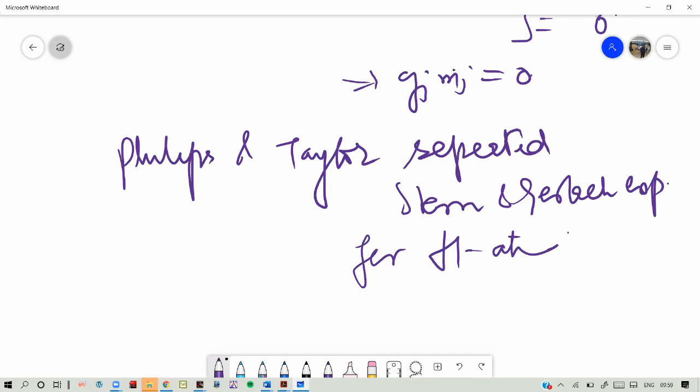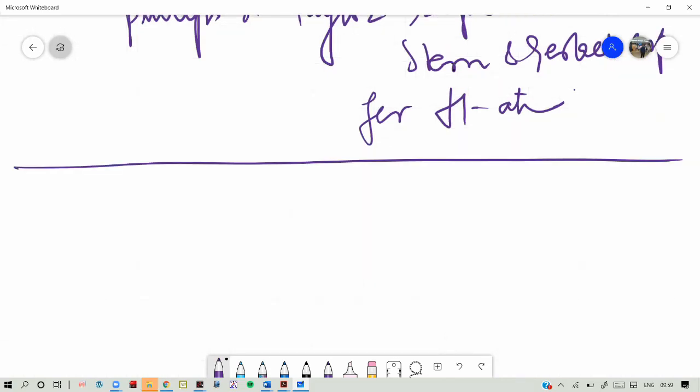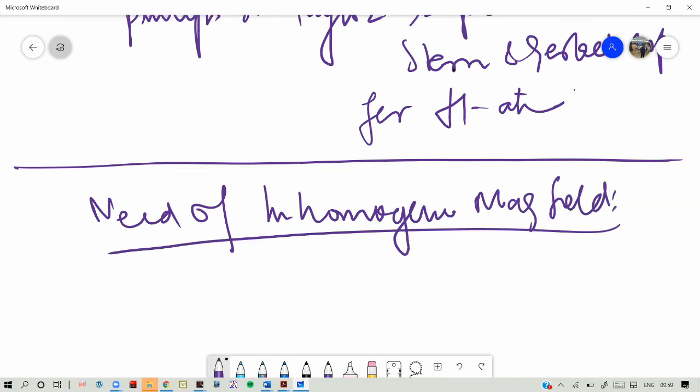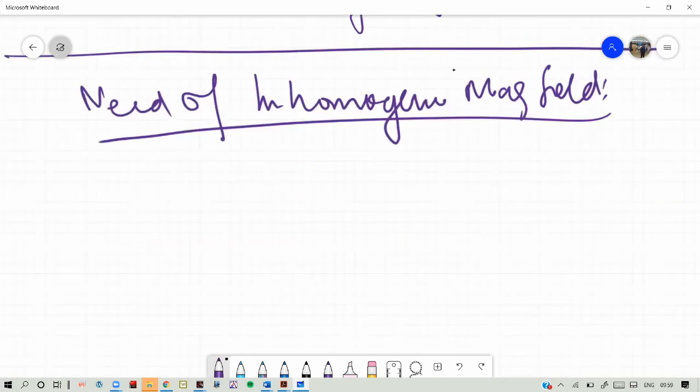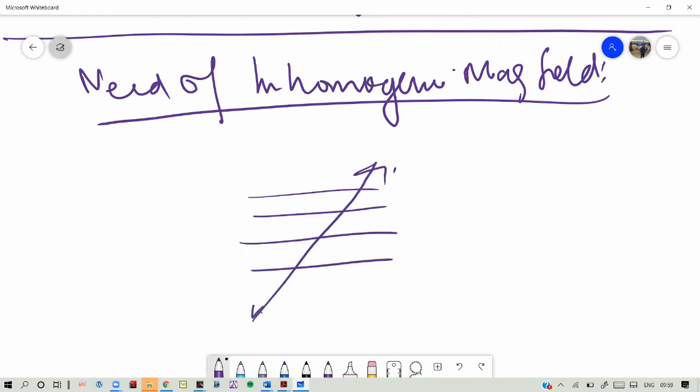Now remember, see here what the need of an inhomogeneous magnetic field is. Suppose that this is a magnetic field, and this is a dipole which you have already studied. Then it exerts a force. This is a uniform magnetic field, that means a homogeneous magnetic field.